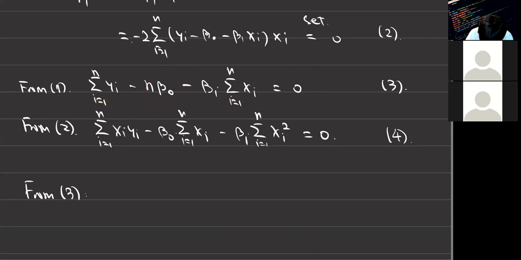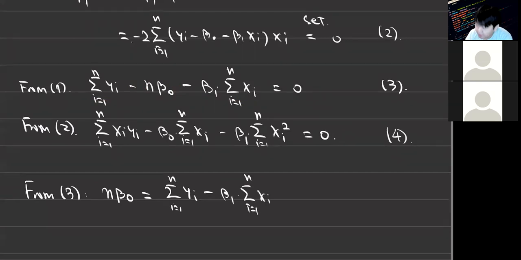So this is going to be n beta 0 equal to summation i from 1 to n yi minus beta 1 summation i from 1 to n xi.